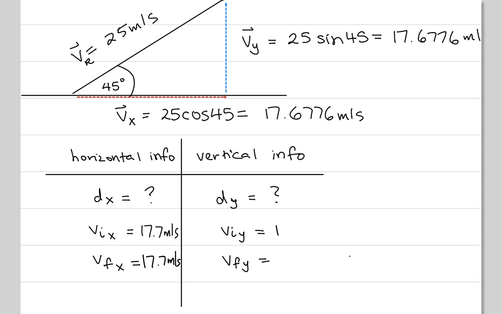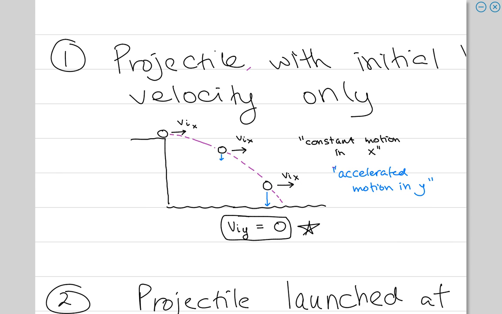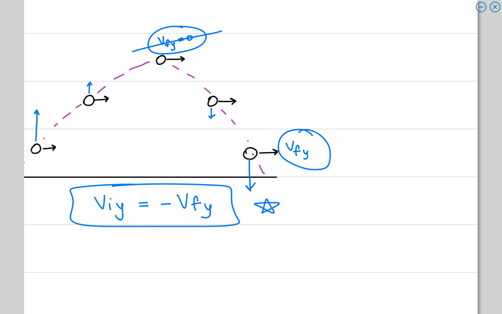So the numbers would be different if it was a different angle. Now, do we know it? What's the final y velocity? Is it the same? Good. It's the same, but negative. And that's so key. It's so key that I told you to put a box around it and star it. I don't know if you guys remember that. Remember this?